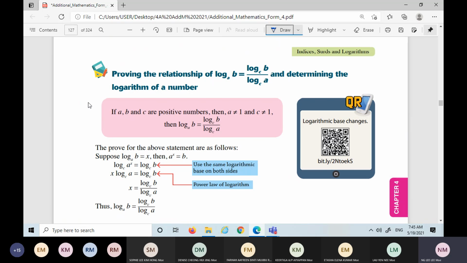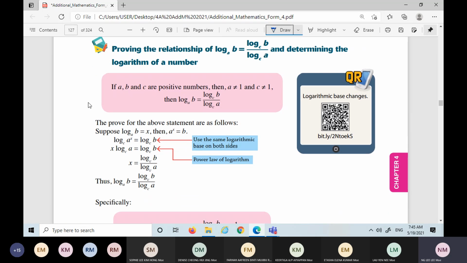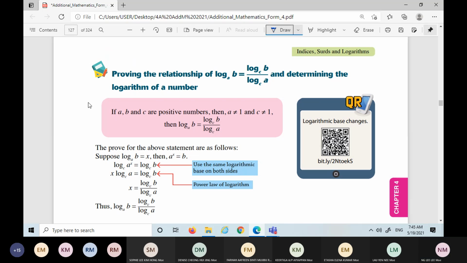Next, you want to see this, change of base. This one you can copy as your notes. If A, B, and C are positive numbers, then A cannot be 1 and C cannot be 1, because the base cannot take 1 here.